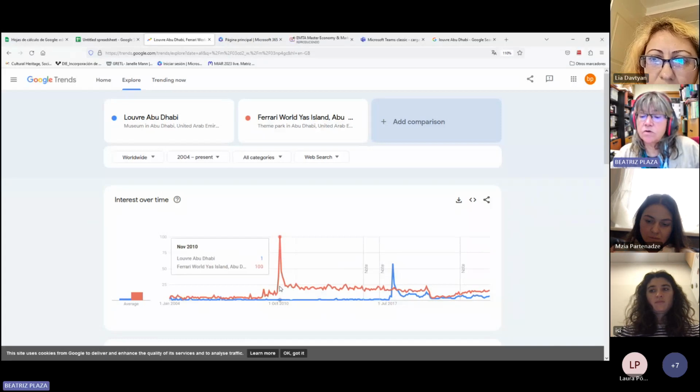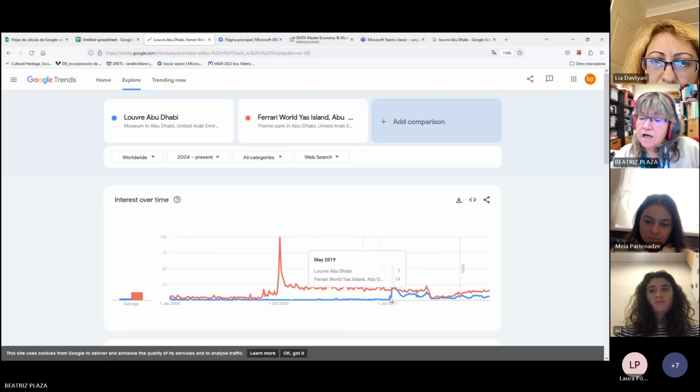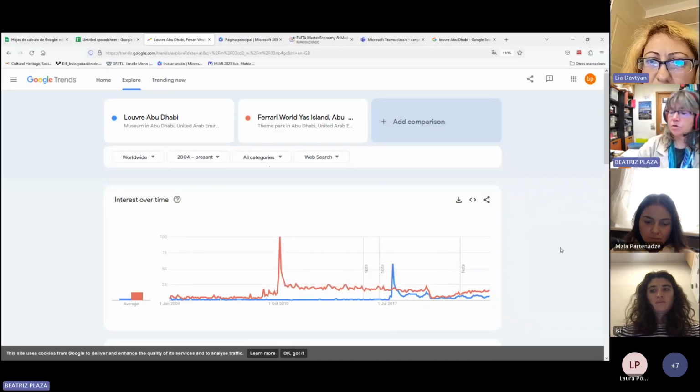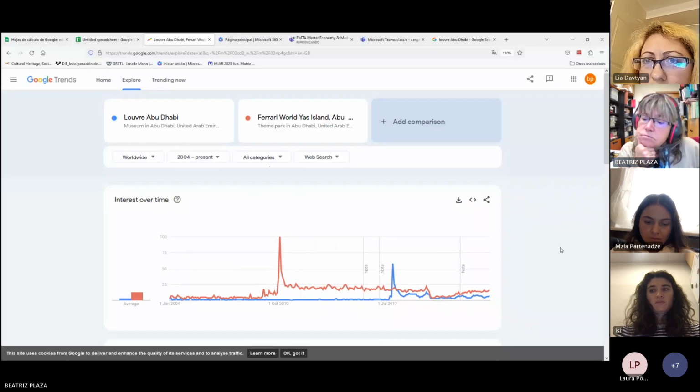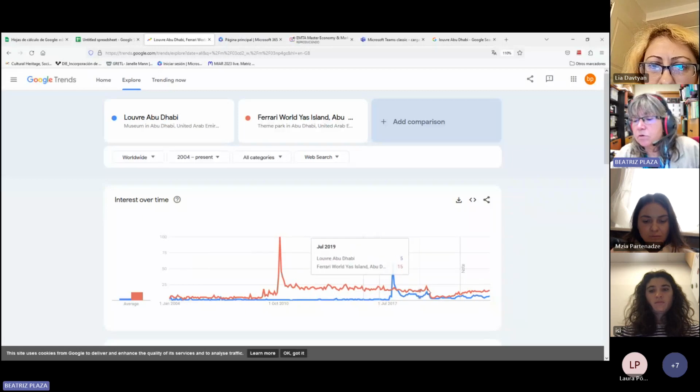The Ferrari World is drawing more attention. And a second question, which is more stable after the inauguration, the Ferrari World theme park or the Abu Dhabi Museum? Louvre Abu Dhabi is more seasonal, okay? It seems that the theme park is much more stable.